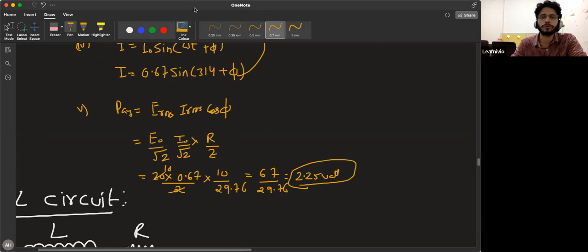Is it okay if we just take 30 in the denominator? If you take the denominator as 30, yes, it's okay.